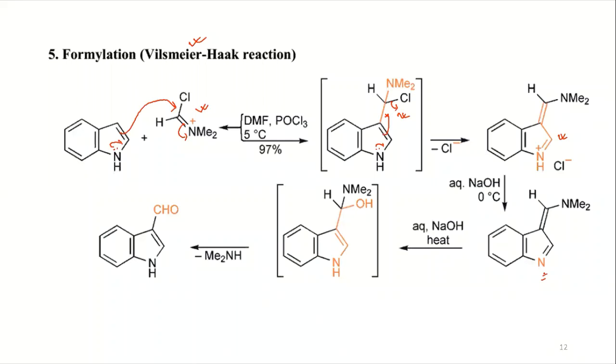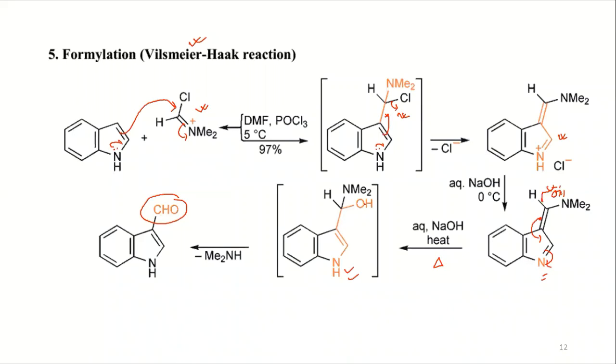Now the hydroxide under heating condition can react at this center, so you will have this movement, and water will be providing the proton, so you will have this particular compound. After that, you have the production of the aldehyde group.